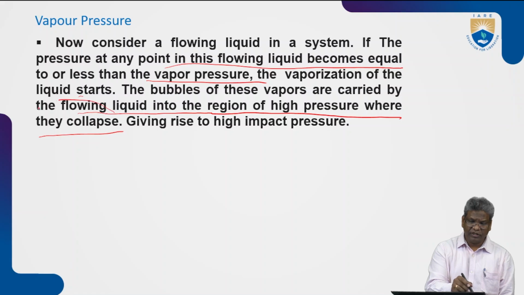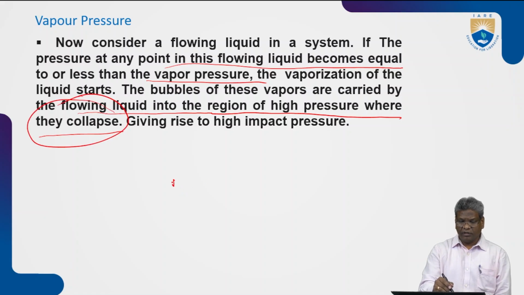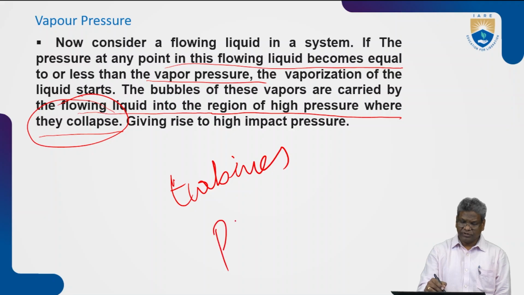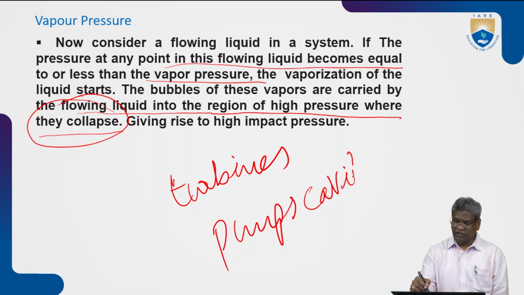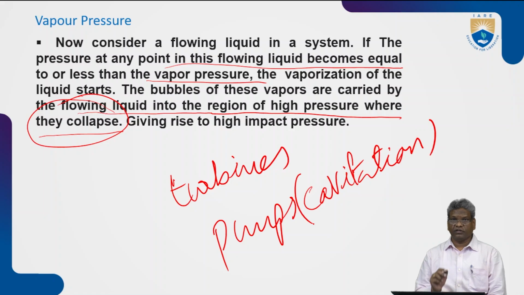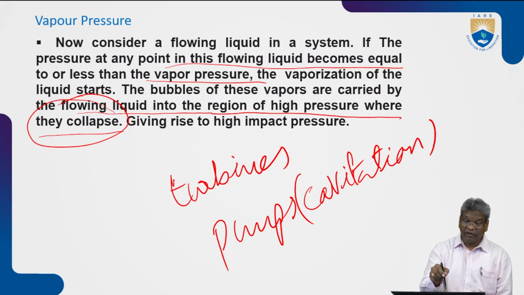This will happen in the case of turbines and pumps. This is called cavitation. Cavitation is one of the unwanted things in turbines and pumps, and it is because of this vapor pressure.